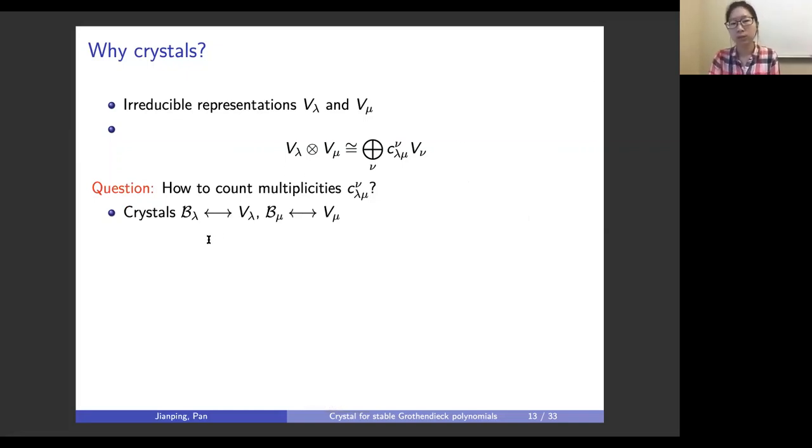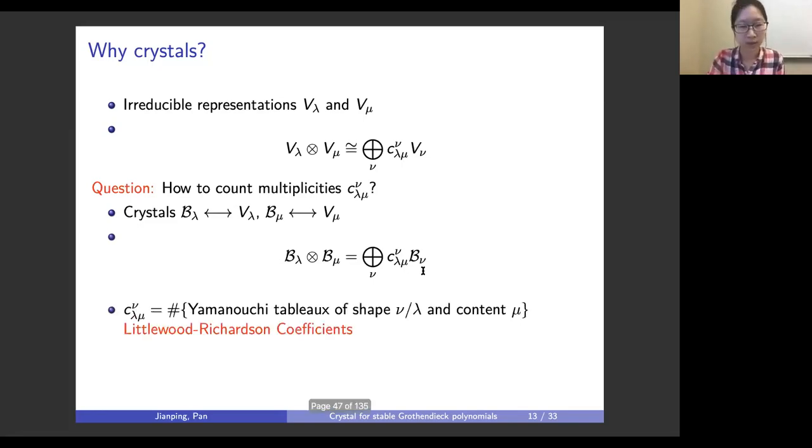For each irreducible representation V_lambda, we can associate a connected crystal graph to it, which we call B_lambda, with the same partition. Then we can take the tensor product of the crystal graphs. This is given by a purely combinatorial description, and this can give you the multiplicity c with a bunch of indices. So in the case of type A, these indices are the Littlewood-Richardson coefficients. They count a certain number of tableaux.